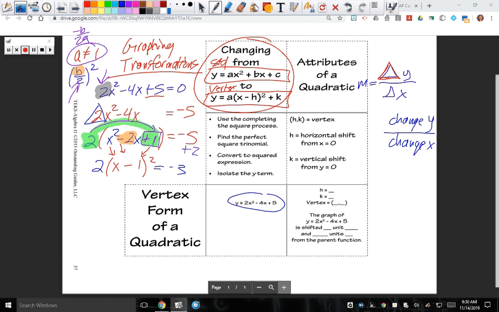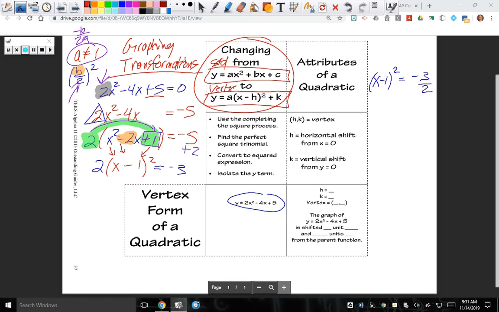What will I do now to get x? Divide by 2. So I'm running out of room, I'm going to write it over here. Divide both sides by 2 will give me x minus 1 squared is equal to negative 3/2. Are we good? Everything's going well? Okay. So now what do I do?